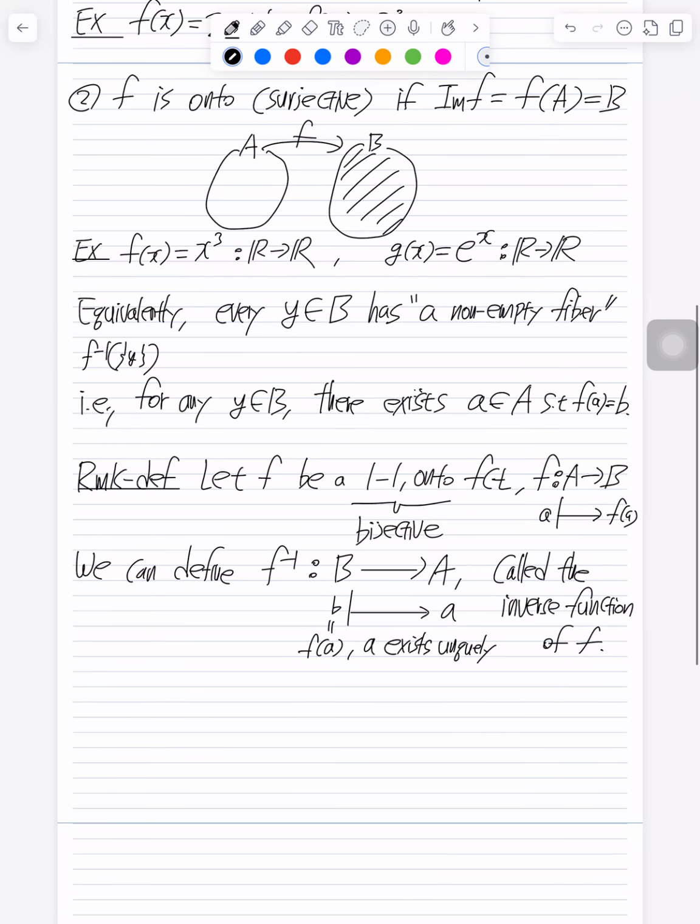So if we stick with the set definition from the first lecture contents, then we have a corresponding set of this inverse function, that is the collection of the pairs y comma x from B cross A such that f of x equals y.